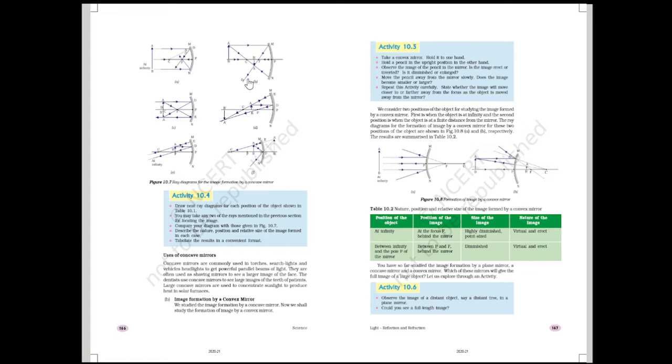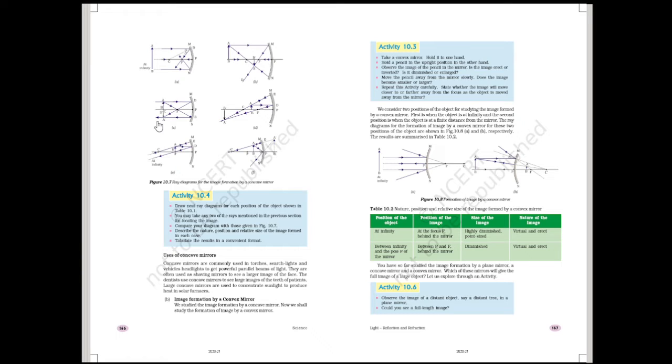Now in the third point, when the object is at C, it is reflected from the surface, passes through the focus and goes beyond it.